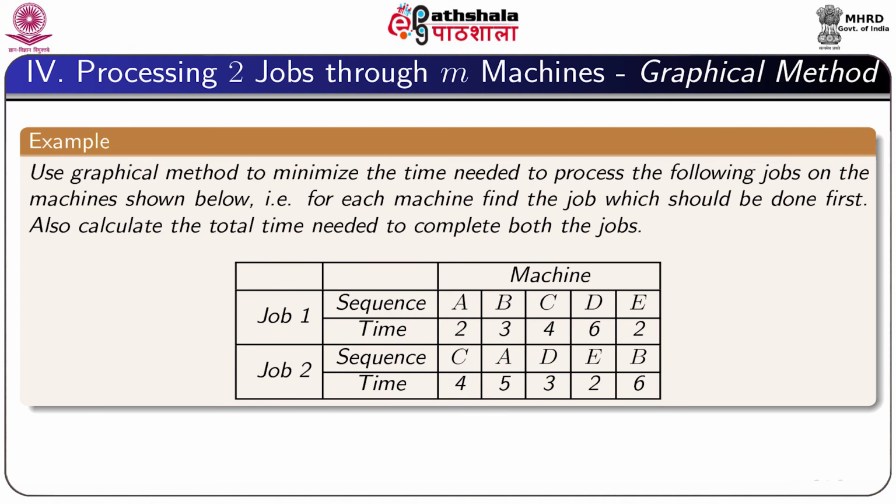The sequence for job 1 and the sequence for job 2 are shown in this table, as well as the processing time on machines A, B, C, D, E for job 1 and the processing time for machines C, A, D, E, B for job 2 are also shown in the table.